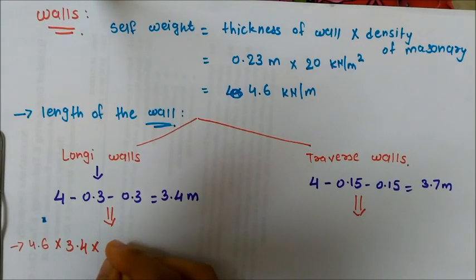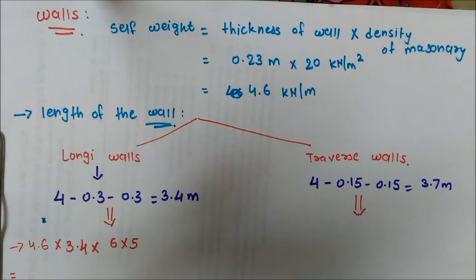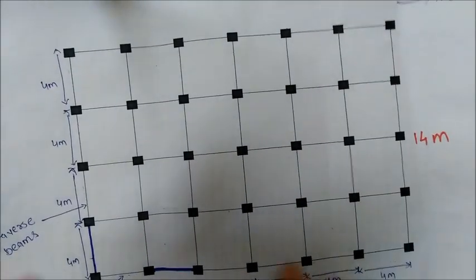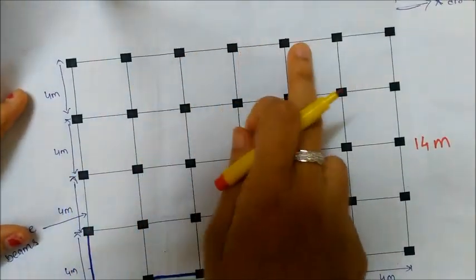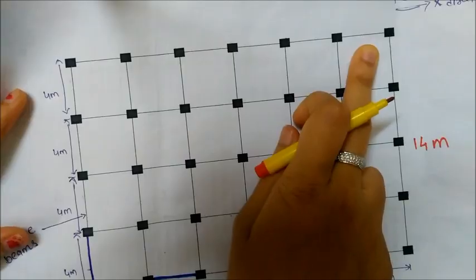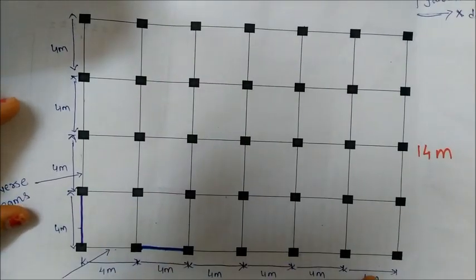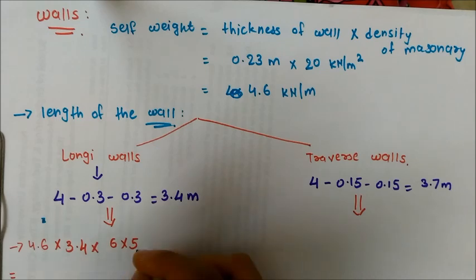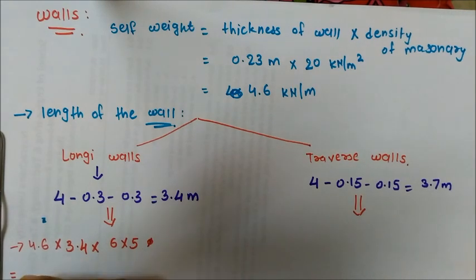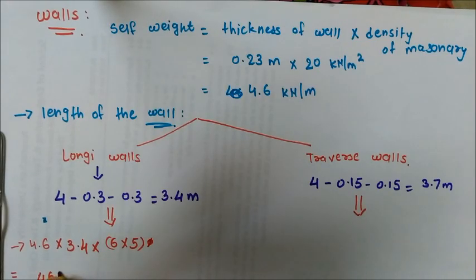When we talk about the longitudinal walls, we consider the longitudinal direction walls 1 2 3 4 5 6, and similarly in all longitudinal directions, so total 30 walls will be there. 6 multiplied by 5, and the final value will be 469.2 kilonewton.